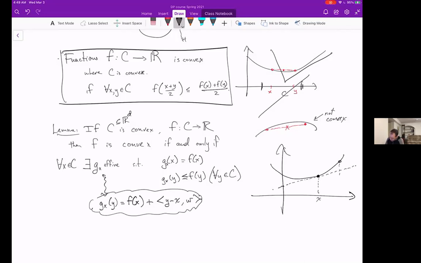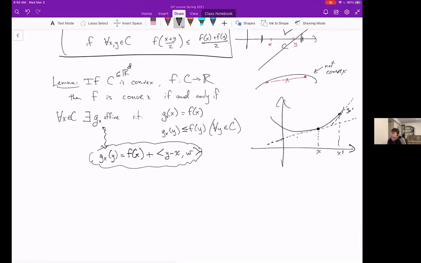If I take some other x prime, I'll get a different G sub x prime. The important thing is I can find this affine function, and it's always a lower bound. So I can always get a lower bound on my convex function by gluing an affine function right up against it. If you think about examples of non-convex functions, you'll see that doesn't work for them.